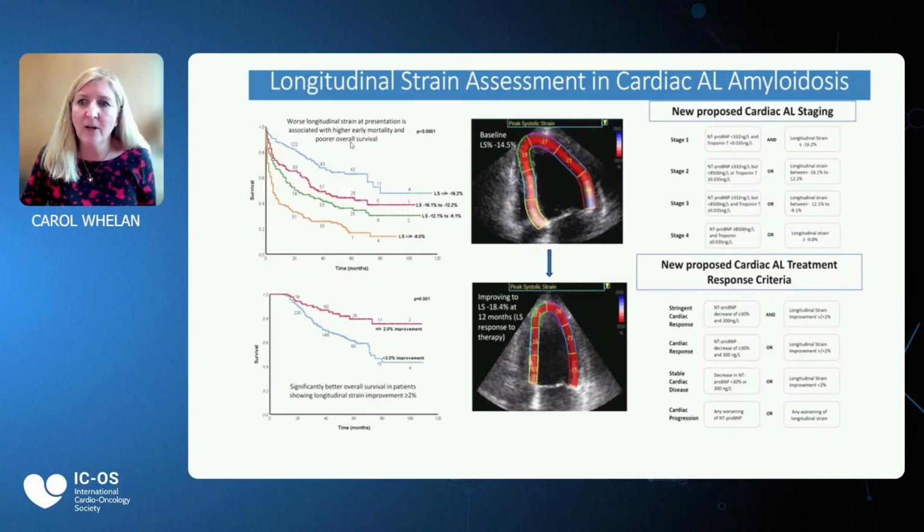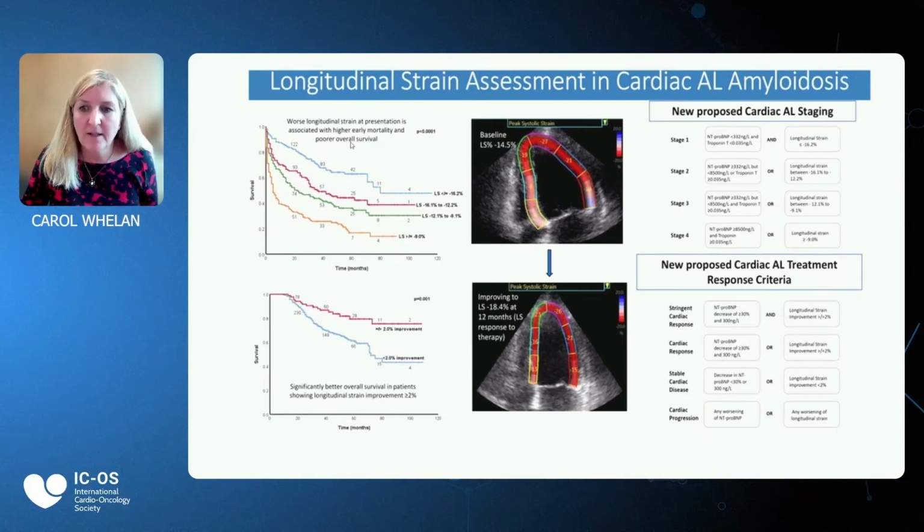And this then allows us to propose a new treatment response criteria where stringent cardiac response is where the NT-proBNP decrease is more than 30% and 300 nanograms per litre, and the longitudinal strain has improved by -2% or more. A cardiac response is where there's an NT-proBNP decrease of more than 30% and 300 nanograms per litre, or a longitudinal strain improvement of more than 2%.